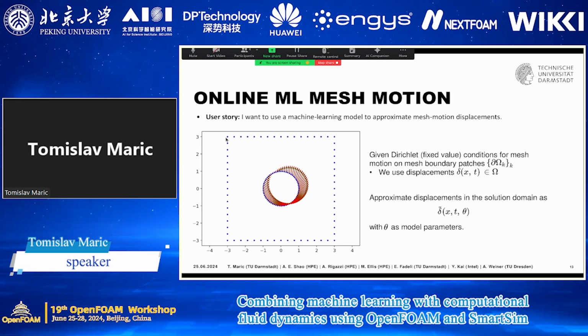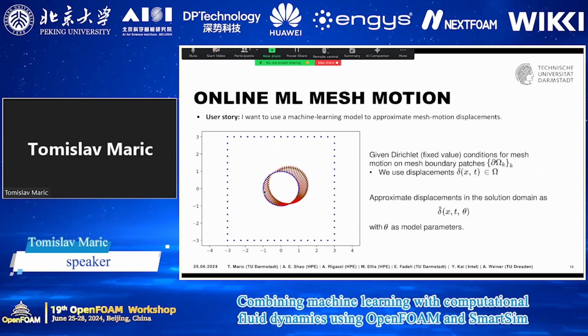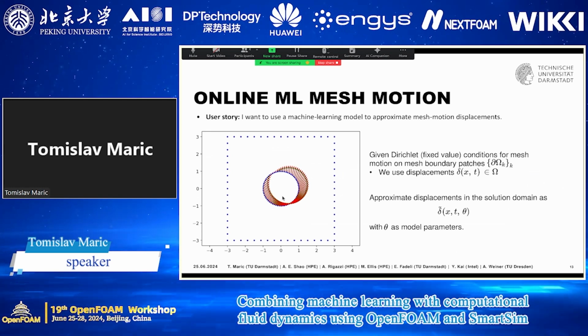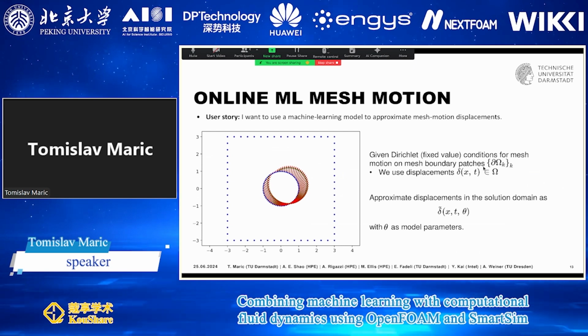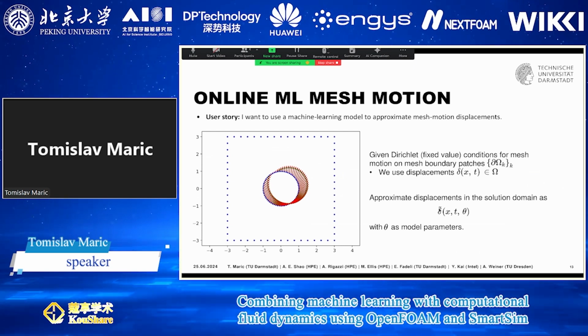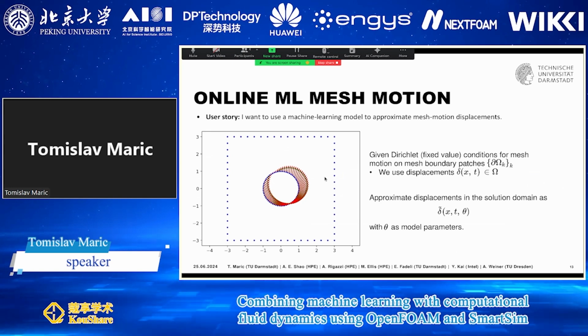You have a set of points at the boundary that shouldn't move. You have a set of points in the middle, this blue cylinder, that should move. You see the displacements of the cylindrical points. We just generalize the problem. We say we have mesh boundary patches. On some of them we apply displacements, and using these displacements at the boundary, we want to approximate displacements in the bulk.